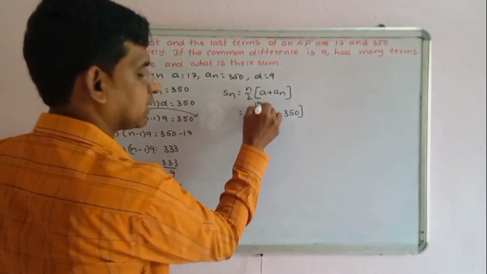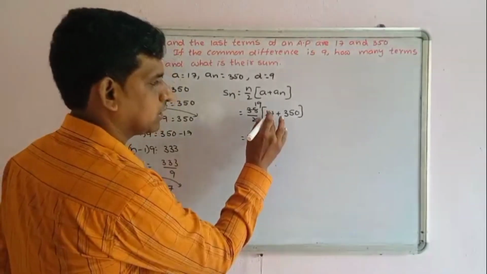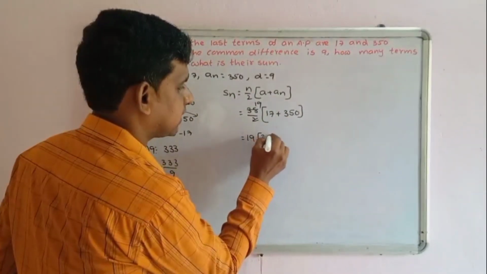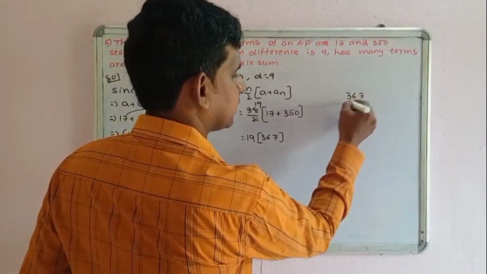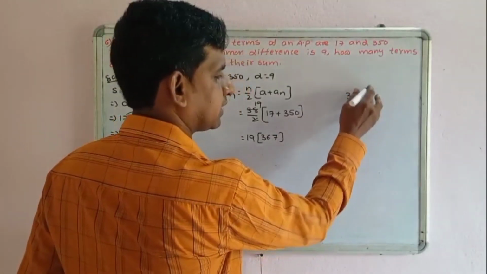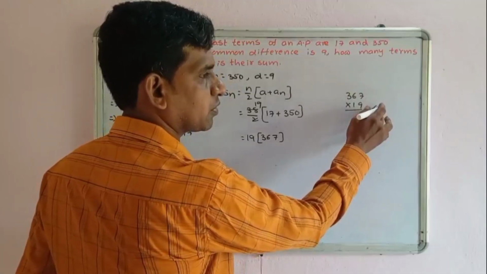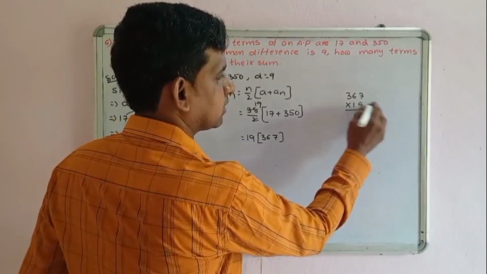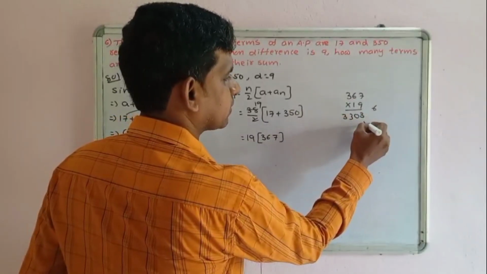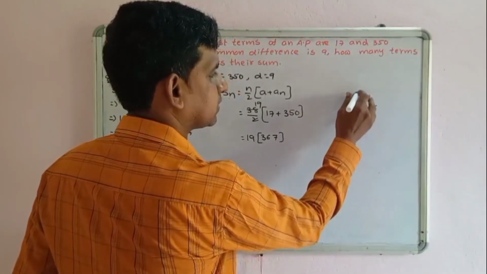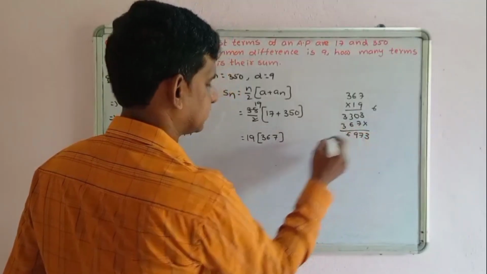So 19 times (17 plus 350), which is 367. Okay. 367 into 19. 9 sevens are 63. 9 sixes are 54, 54 plus 6 is 60. 9 threes are 27, 27 plus 6 is 33. So 7, 6, 1 six is 6, 1 three is 3. So 6973.